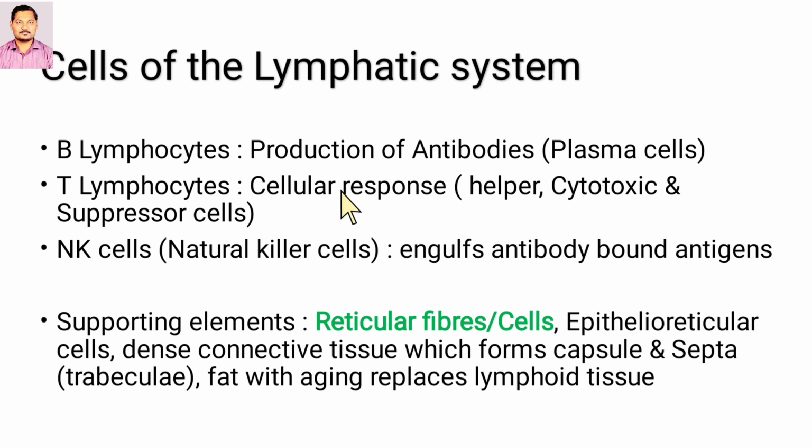Okay. T lymphocytes are responsible for the cellular response. How? The helper cells, cytotoxic cells, and different groups of cells, suppressor cells, will be responsible for the direct action on the invading agent. Okay.